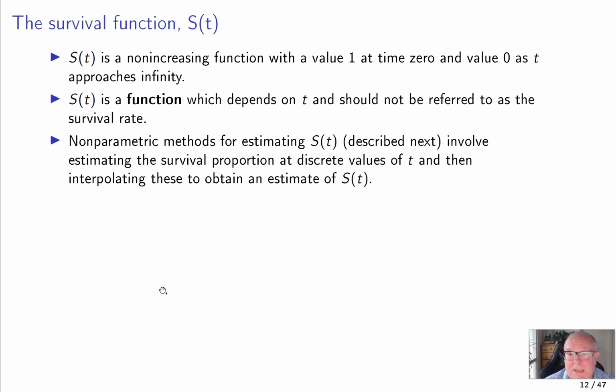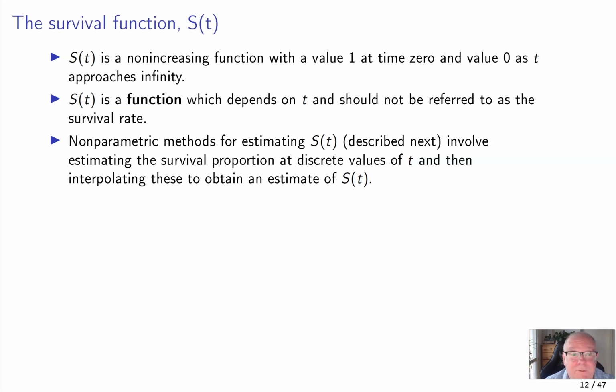But firstly, a little bit in general. Well, the survivor function, S of t, is a non-increasing function with a value 1 at time 0 and then 0 as time approaches infinity. And we should remember that this is a function. It's a function of time.